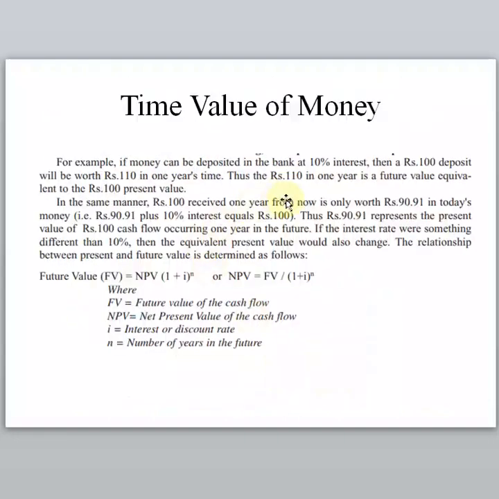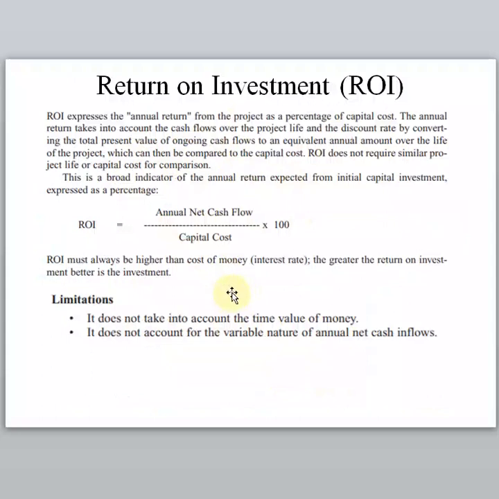I have already covered the time value of money, and now we are going to see return on investment. This is also a very important part. Return on investment expresses the annual return from the project as a percentage of capital cost.